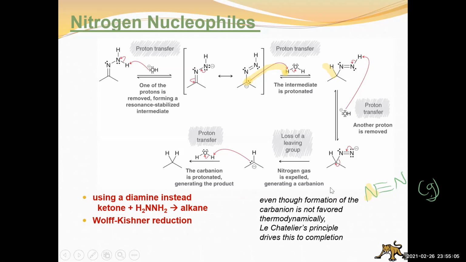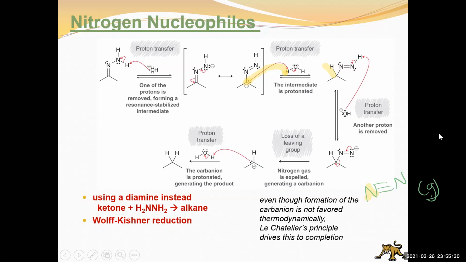Le Chatelier's principle, and it's not going to go back on. Once you have nitrogen gas, it's not going to spontaneously react. Nitrogen gas is very inert gas. So it's not going to just come along and chemically interact with these things. That nitrogen-nitrogen triple bond is one of the strongest bonds that we see in nature.